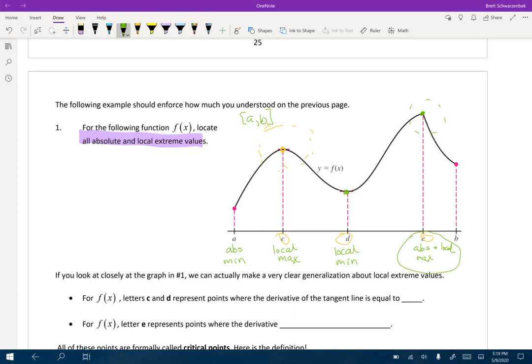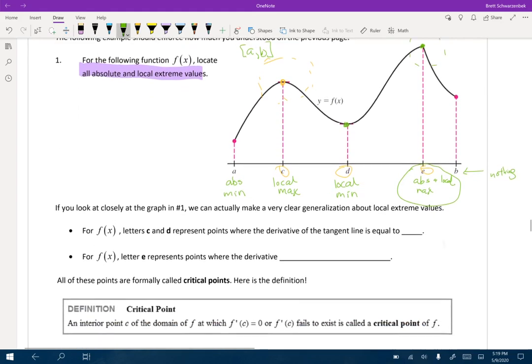And then there are points that are neither local nor absolute extrema at all, and that's possible. But this is how you designate whether something is an extreme value by the two types that are there.